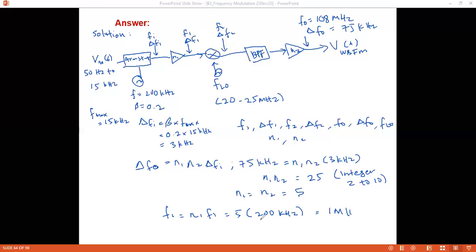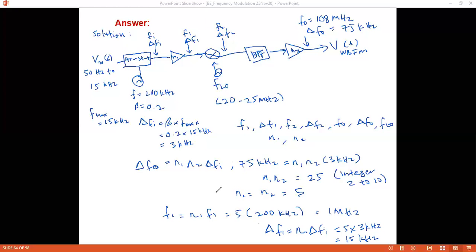And our delta F1 is equal to N1 delta Fi. So 5 times 3 kilohertz, which is equal to 15 kilohertz. So this is our F1 and delta F1 after the first multiplier.